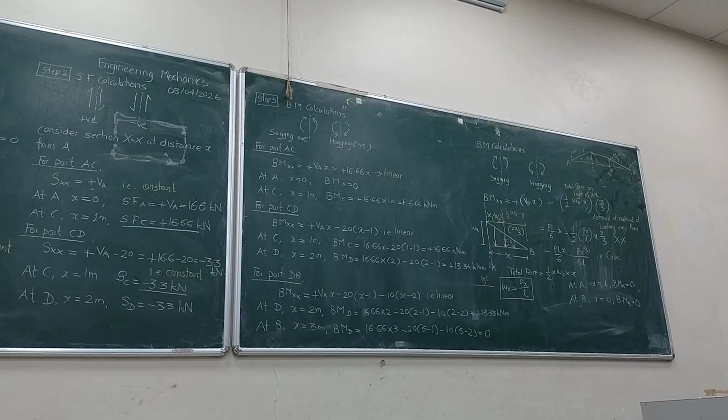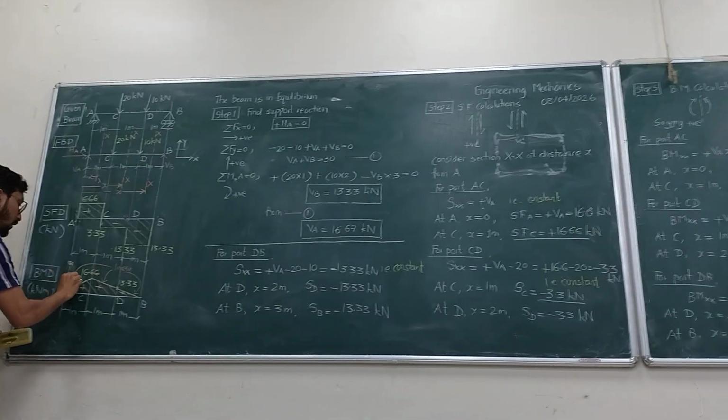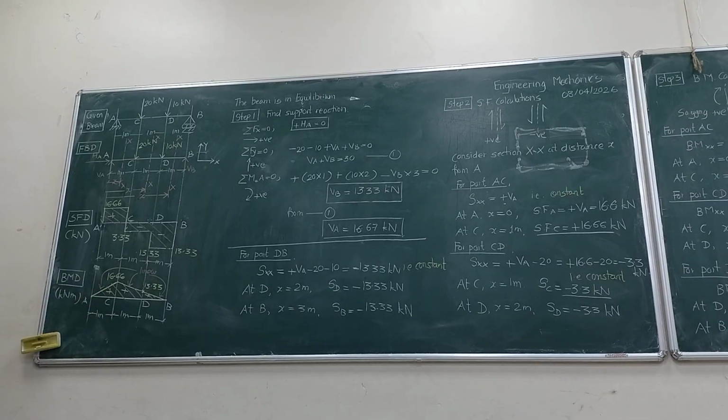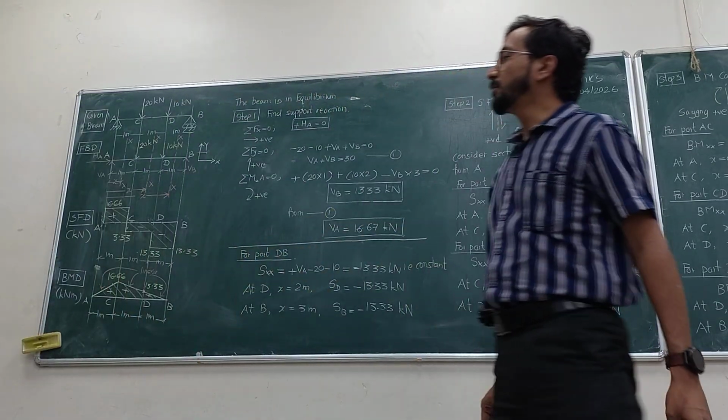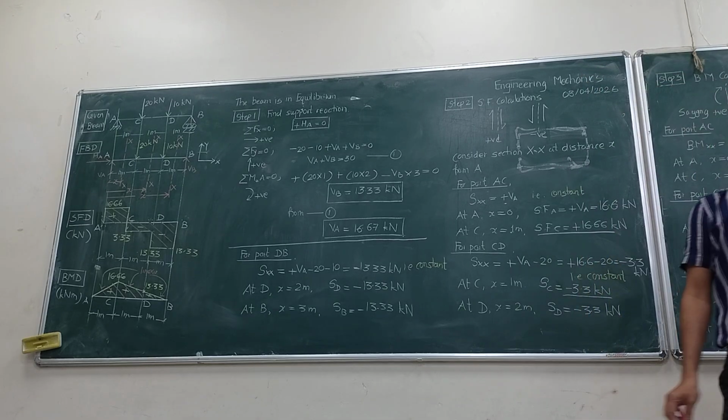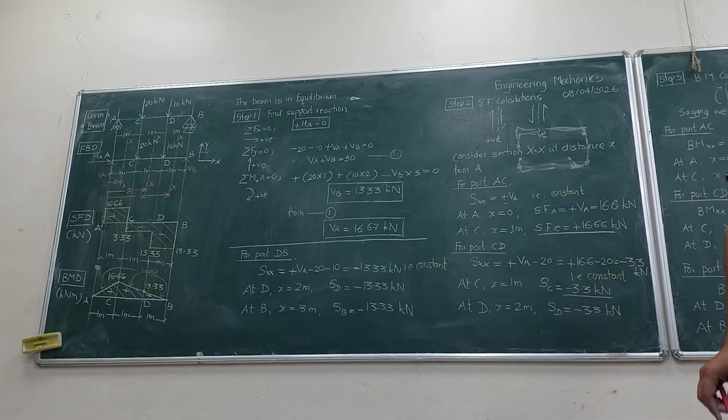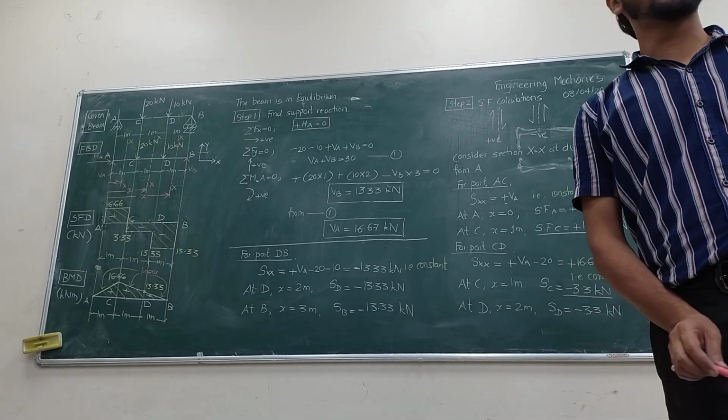And how is the variation? Linear. Everywhere the variation is linear. So this is the complete SFD and BMD of the 2 point loads at given distance.